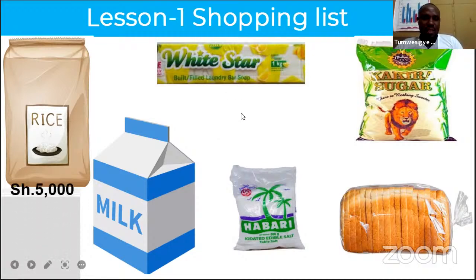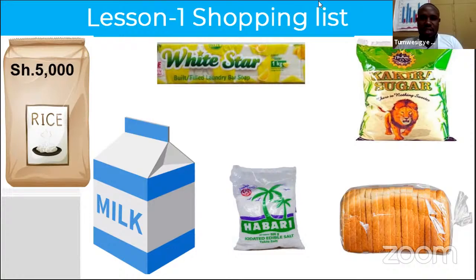So let's see the prices. The price of rice is 5,000. What's the price of soap? A bar of soap costs 4,000. So what's next? We have to add the two, the price of rice, 5,000, plus the price of the bar of soap, which is 4,000.